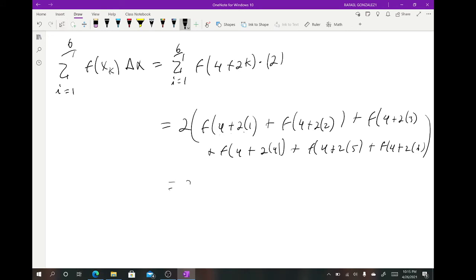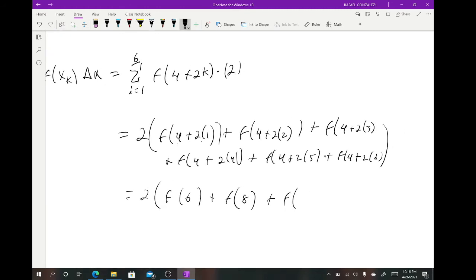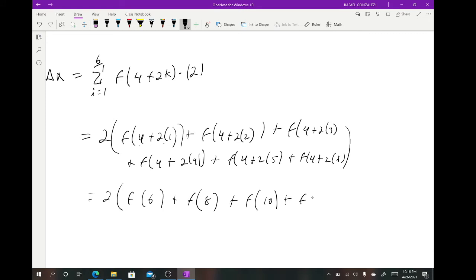So we have 2 times f of 6 plus f of 8 plus f of 10, plus f of 2 times 4 is 8, plus 4 is 12, plus f of 10, so 14, plus f of 2 times 6 is 12, and 16.